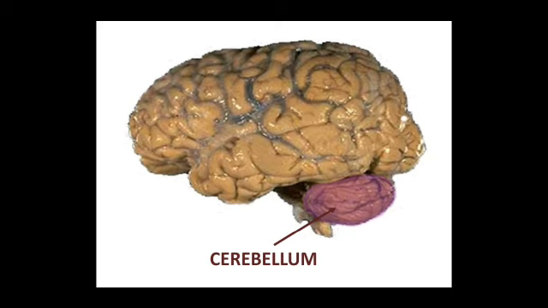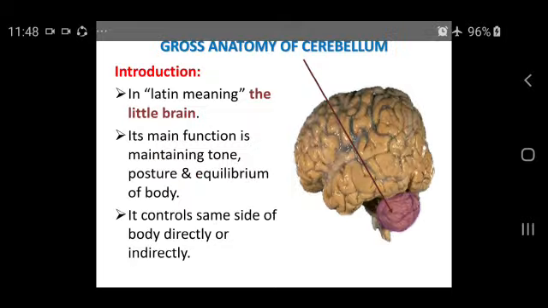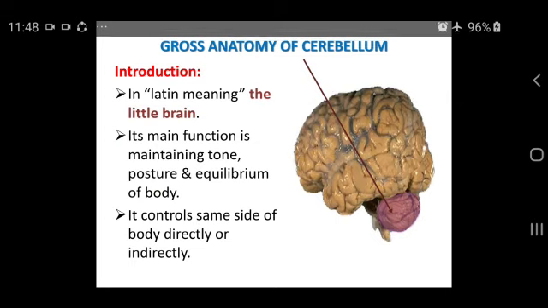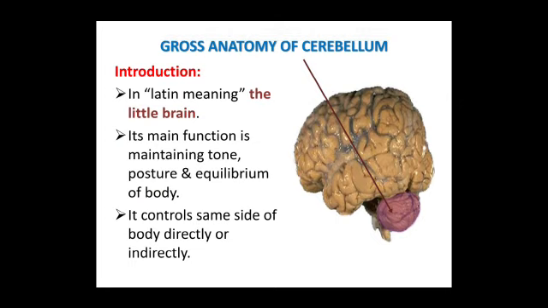In this picture we can observe both the cerebrum as well as the cerebellum. Cerebellum meaning the little brain, its main function is maintaining tone, posture and equilibrium of the body. It controls the same side of the body directly or indirectly.